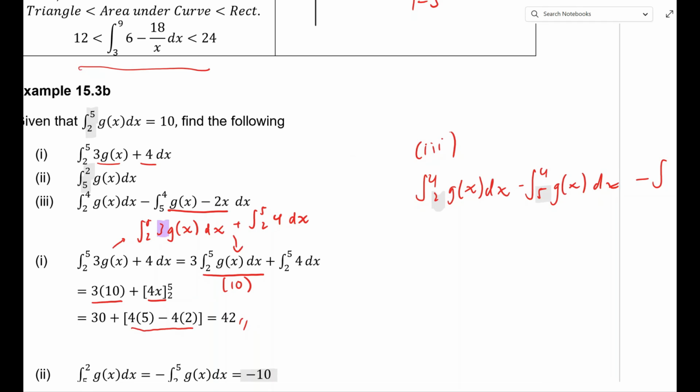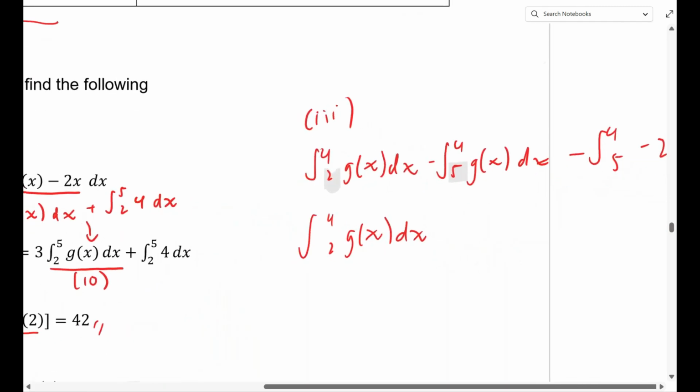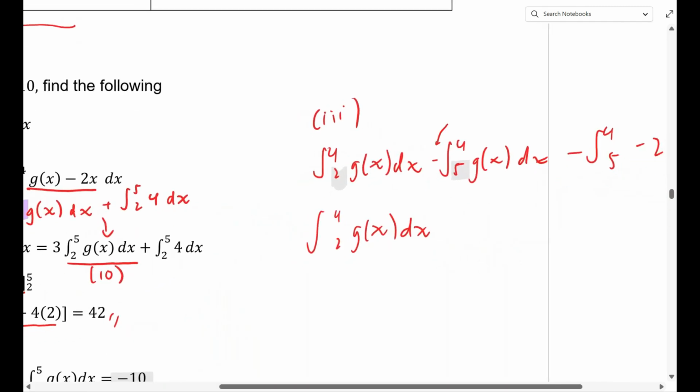However, there's a 4 as the upper bound on both sides. What we can do now is switch the bounds for the second term so that the 4 is the lower bound instead. To do so, once again, you have to add a negative sign in front. So this negative sign will simply turn into a positive because it's a double negative.